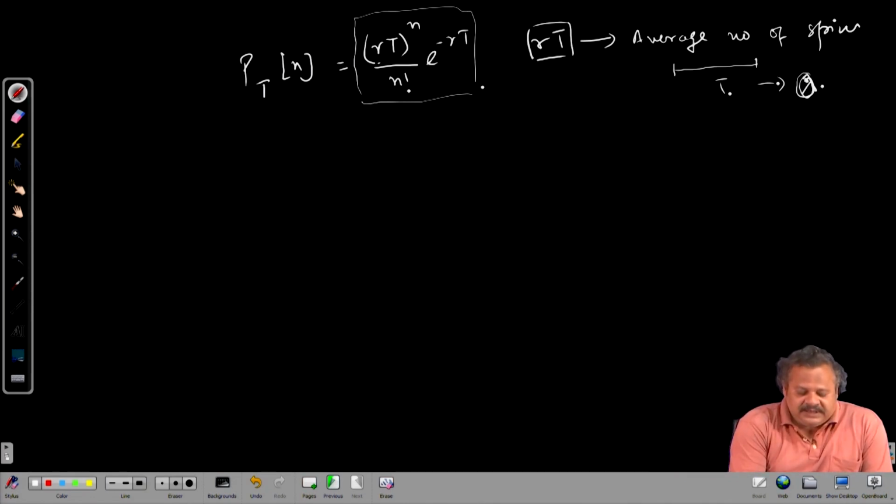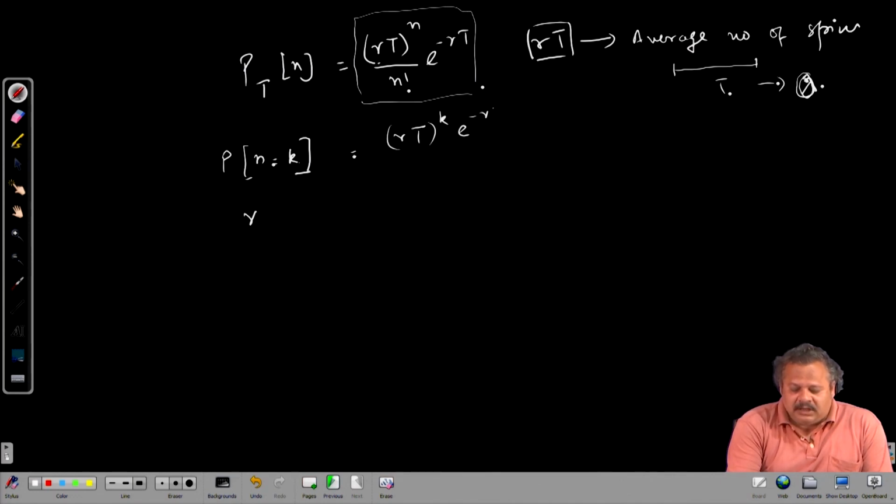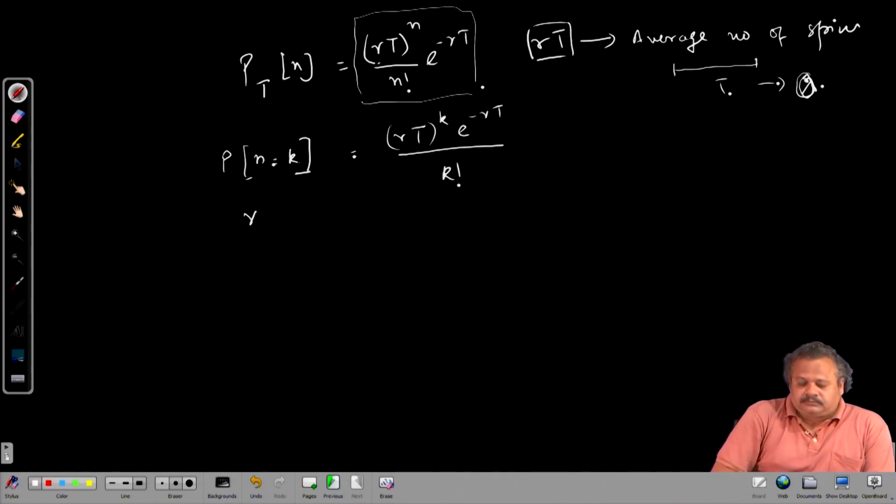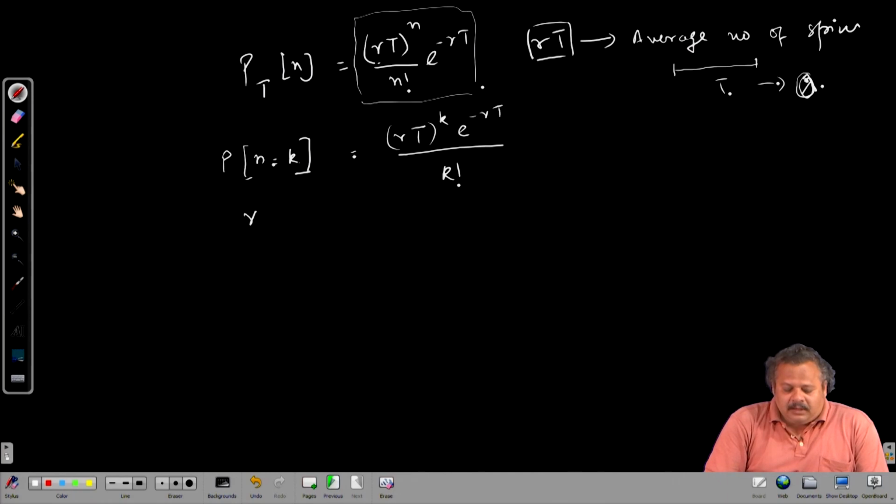So if we ask what is the probability of observing the number of spikes n equal to k in a particular time window, where the rate of spikes is fixed as r over that entire time window, then we say that it is (rT) to the power k e to the power minus rT by k factorial. In this case, this is the mean spike count.